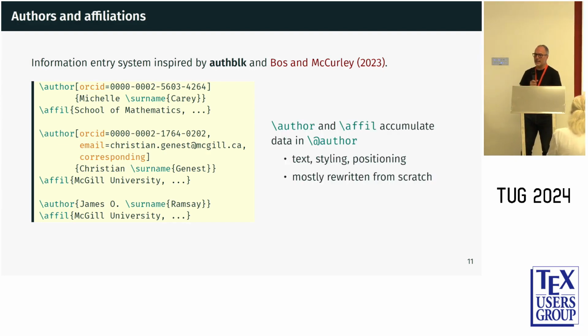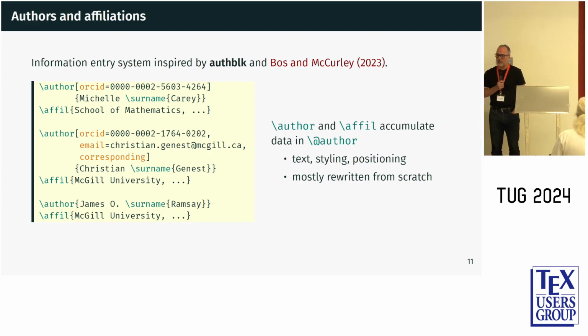The idea being that you essentially have a sequence of author and affiliation commands to enter the name of an author and his or her affiliation immediately after. So it makes for quite a simple interface. You just give your name, your affiliation, name, affiliation, name, affiliation, and these commands will build the author block, everything that will be typeset at the beginning of the paper.